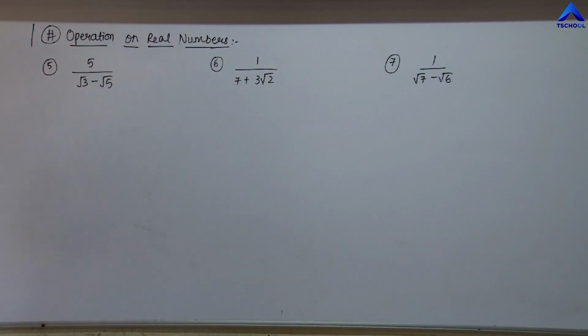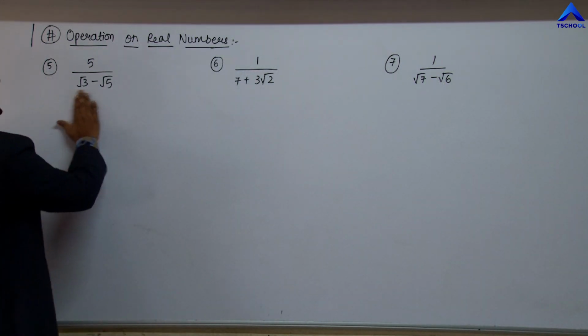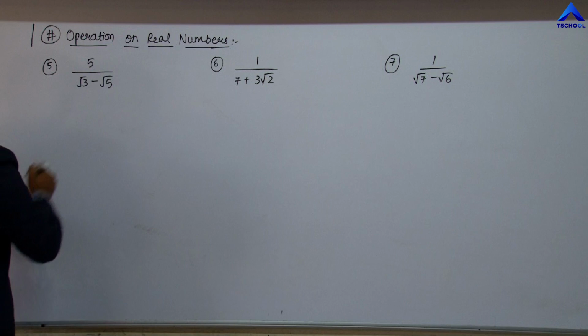Okay, so the sums that we have already solved previously are of the same kind. You can try to solve them by yourself also, or I am solving them here for you also. Whatever you require, make it comfortable for you.